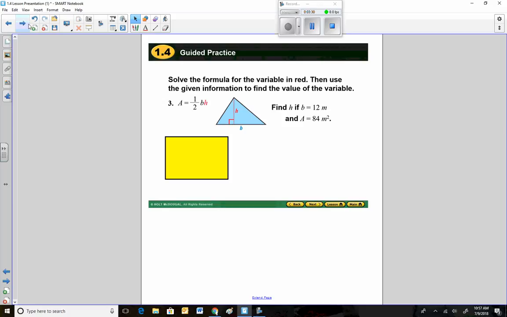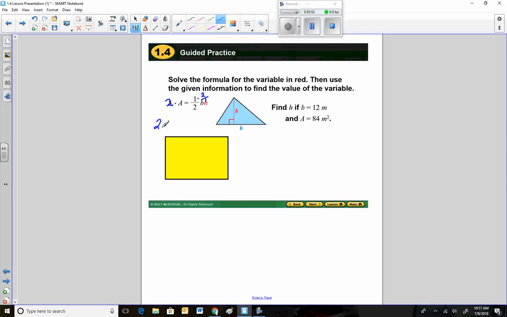All right, next question. Formula for a triangle area. Area equals 1/2 base times height, and they want you to solve it for H. I just want to review this idea with you, that if you have a fraction, 1/2, you multiply by the reciprocal to move it out of this. So times 2 over 1, which is the same thing as a 2.